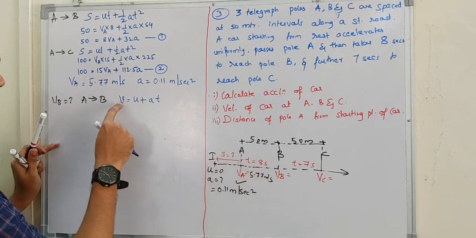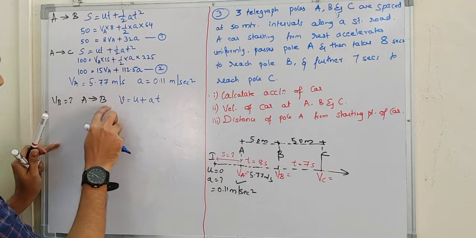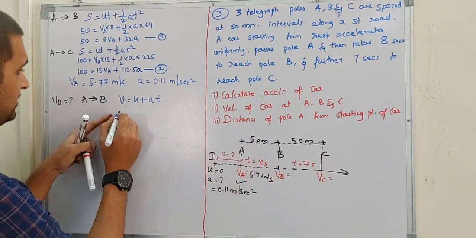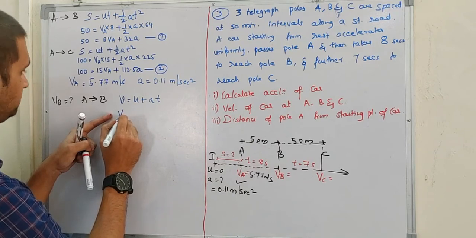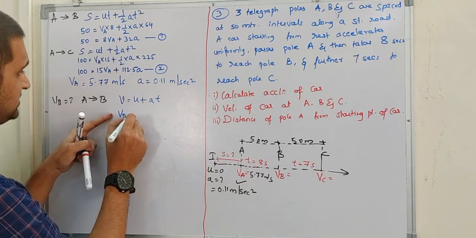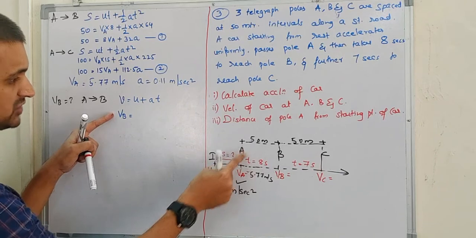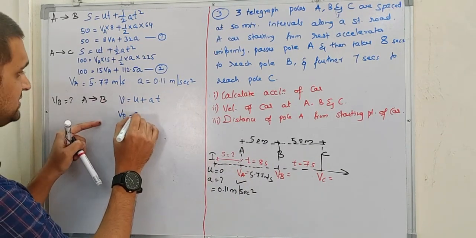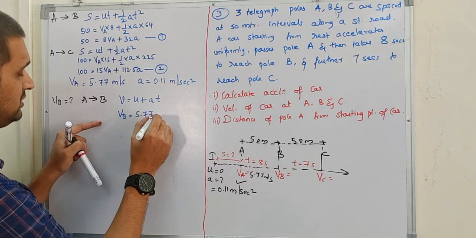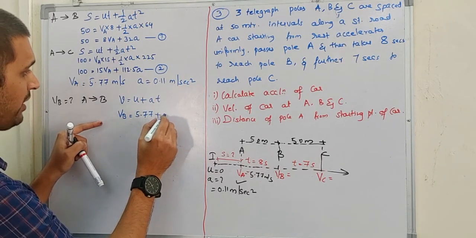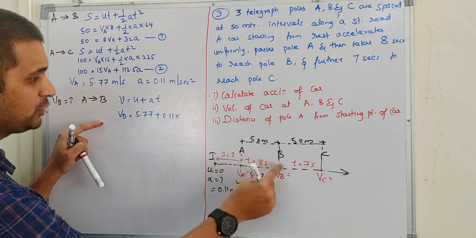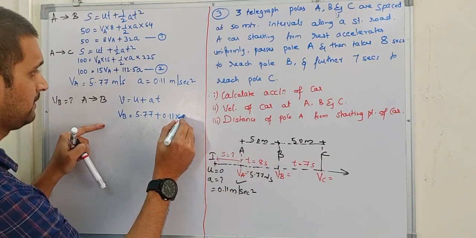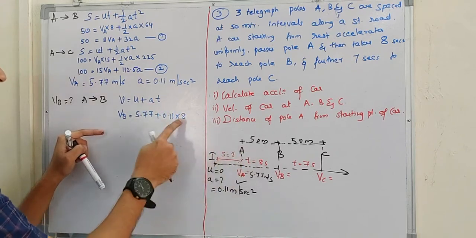So from A to B, VB becomes the final velocity. So I'll write this as VB, and the initial velocity will be the velocity at A, which is VA, which I have calculated as 5.77, plus acceleration 0.11, and from A to B the time taken is 8 seconds.